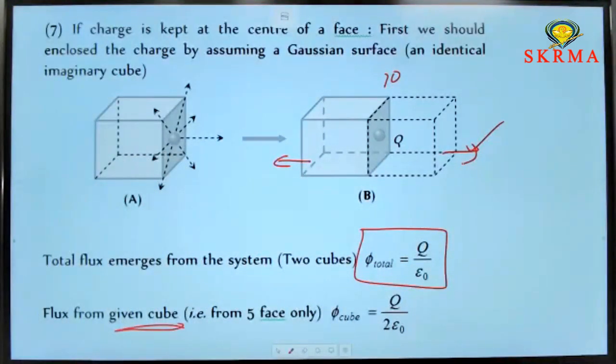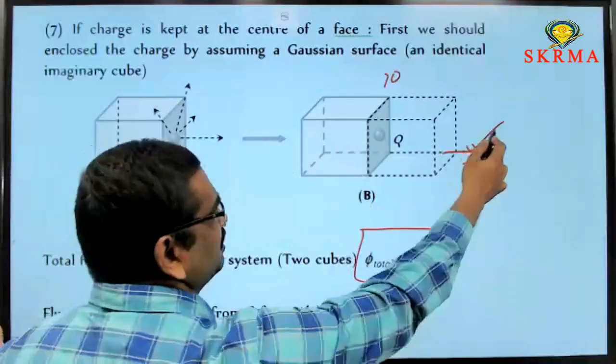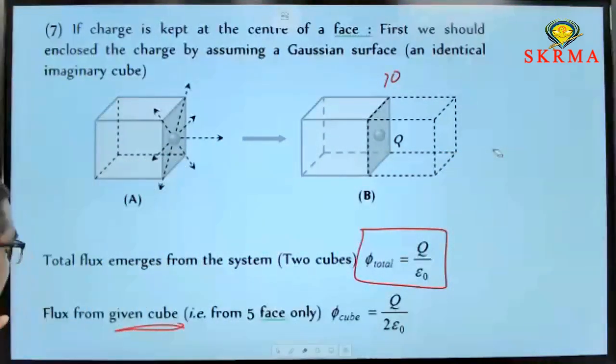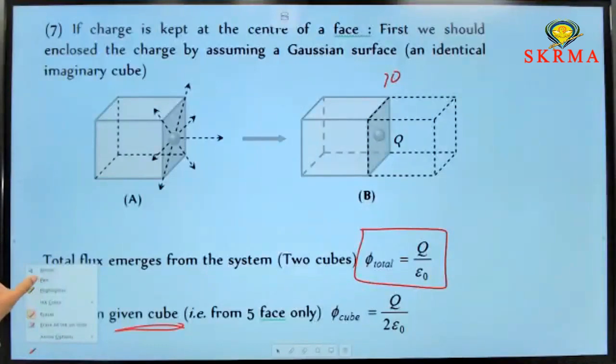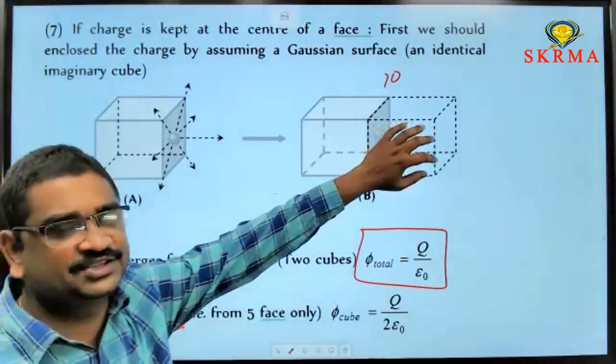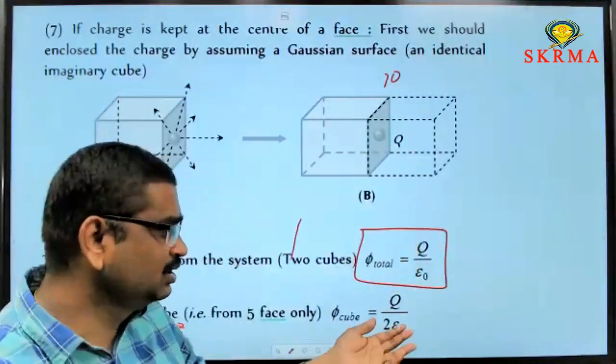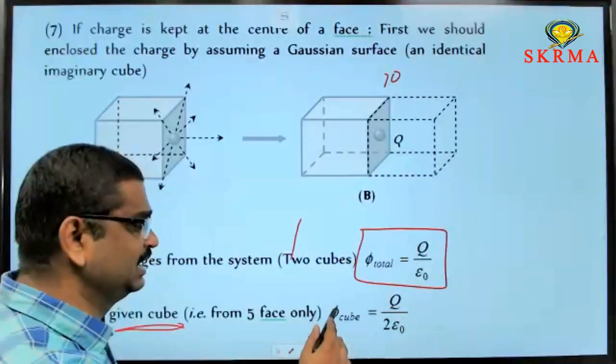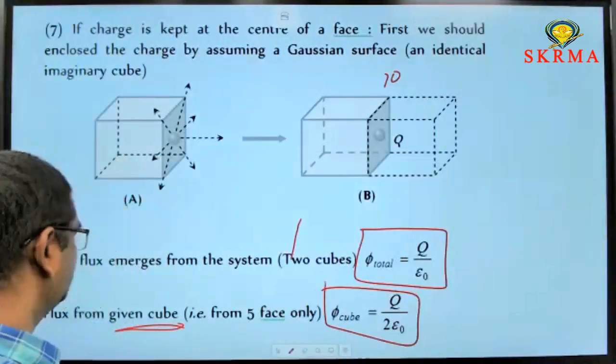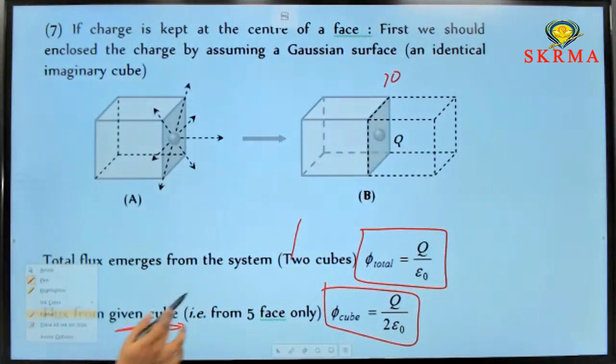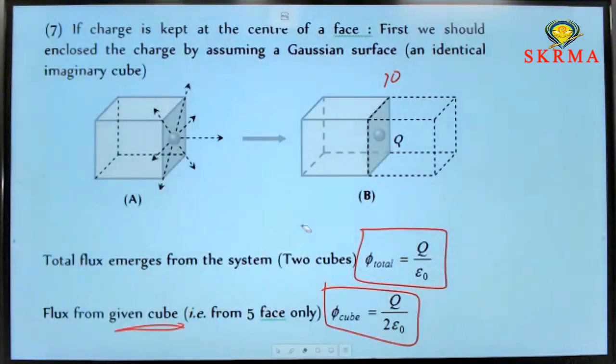So flux passing through each cube is half of the total. Only 2, right? So the total flux is shared by these 2 cubes. So Q by 2 epsilon naught is the flux passing through each cube. Is this clear or not?